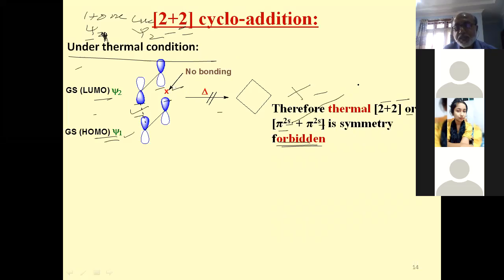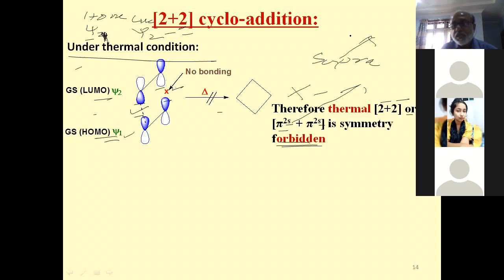This S stands for supra. Can anybody give me the opposite of supra? You have heard this in college, maybe.